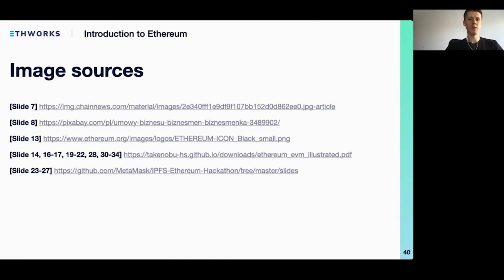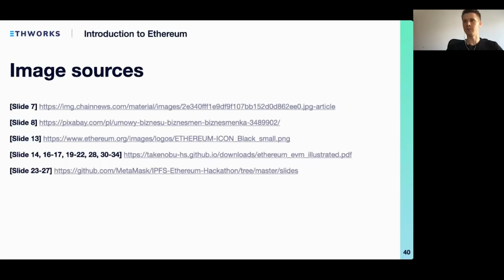This is because in layer 2 solutions we batch transactions that happened in this layer 2, and we submit only a batch of transactions to the main Ethereum network. It's a much broader topic, but you can say that transactions should be at least 2 orders of magnitude cheaper. I think it's safe to say that.